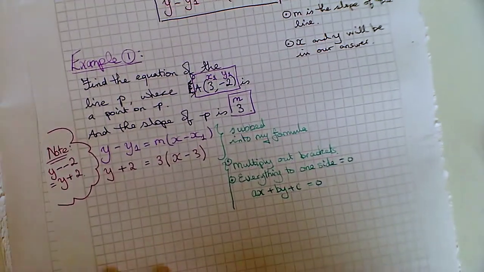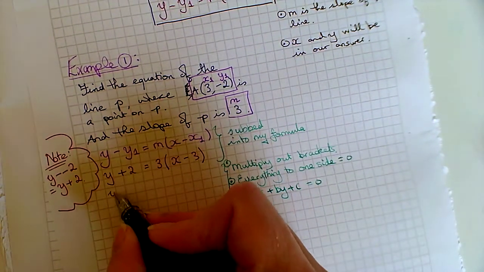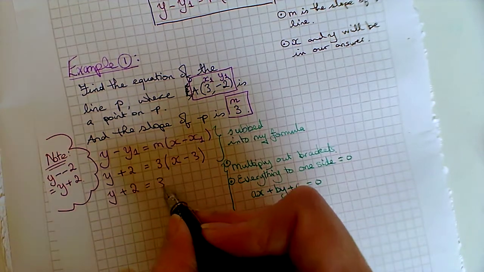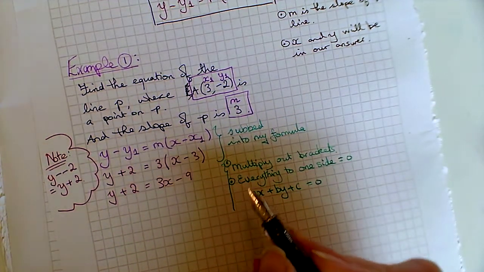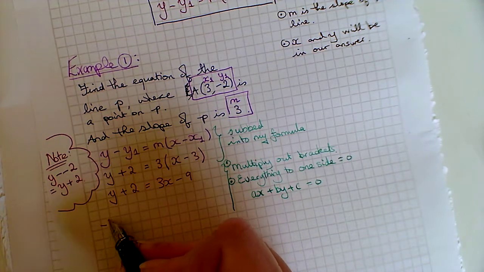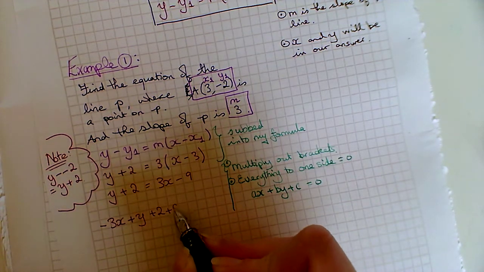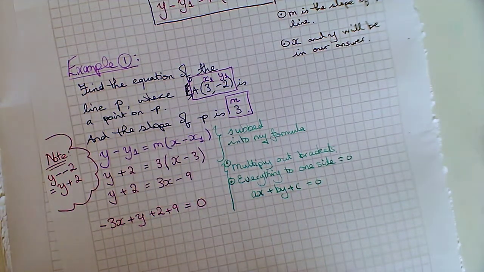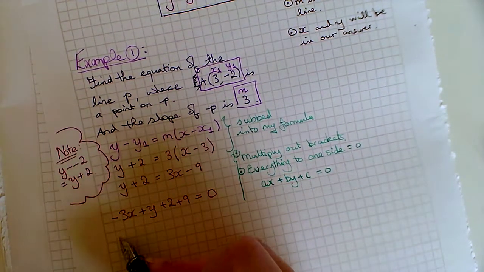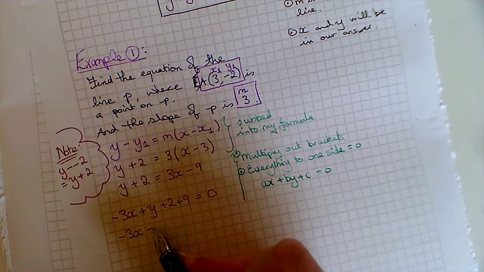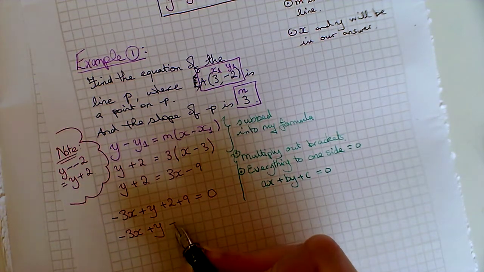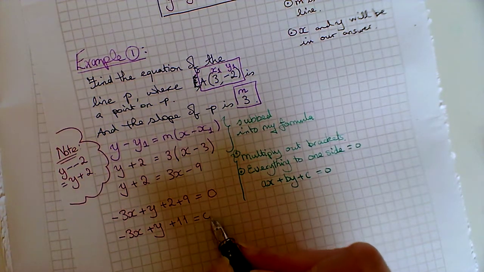So multiplying out the brackets here, I get that y plus 2 is equal to 3x minus 9. Then I bring everything to one side, minus 3x plus y plus 2 plus 9 equals 0. And I'm going to add like terms, minus 3x plus y plus 11 equals 0.